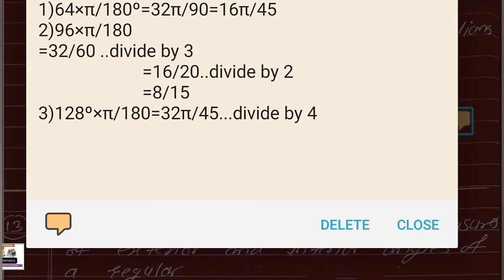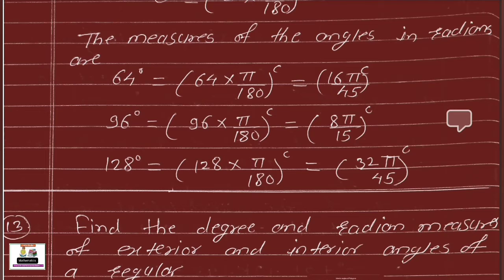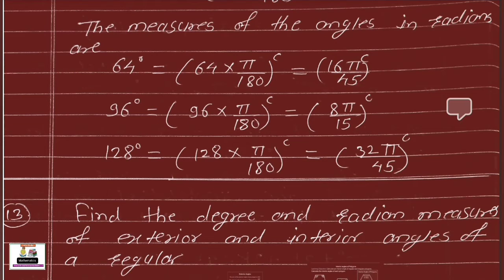Here divide by 3, we get 32 by 60. Again divide by 2, then we get 8 by 15 radians. And the third angle is 128 degrees. Convert this into radians. Multiply by pi by 180, divide by 4, then we get 32 pi by 45 radians.